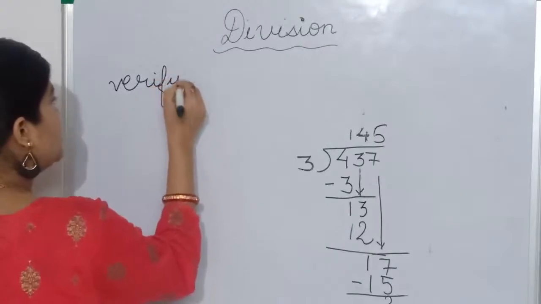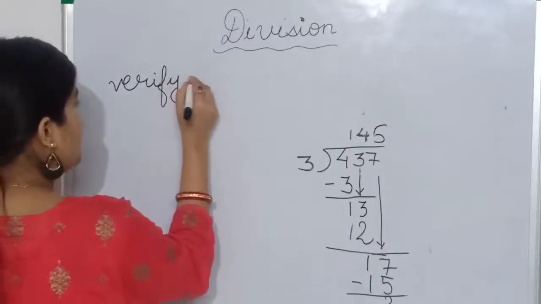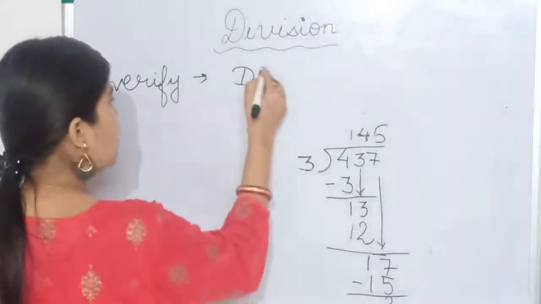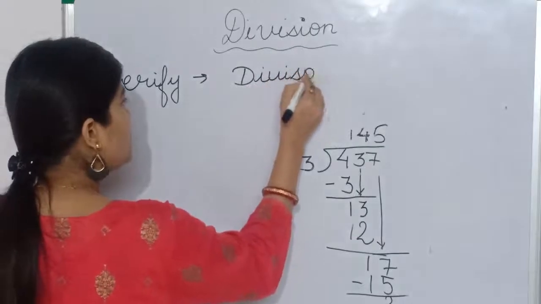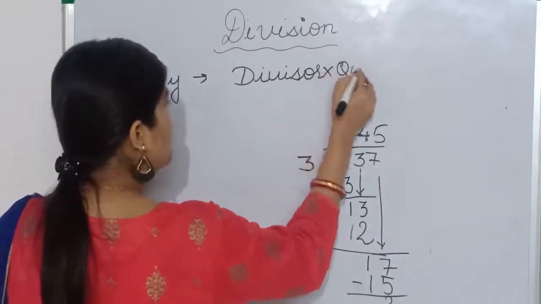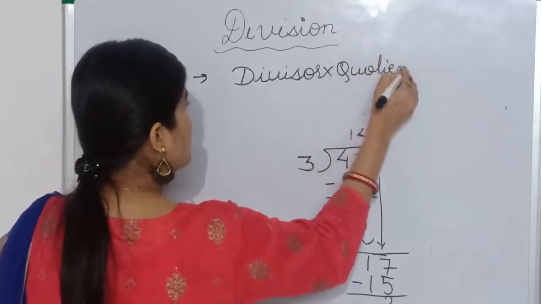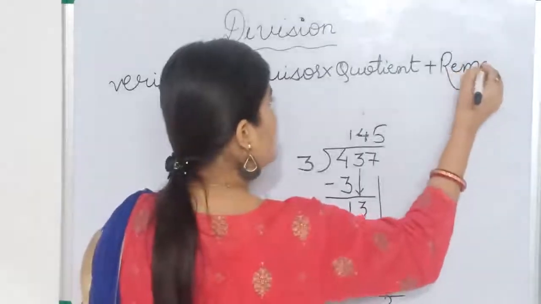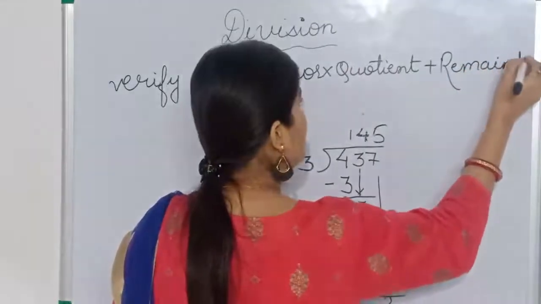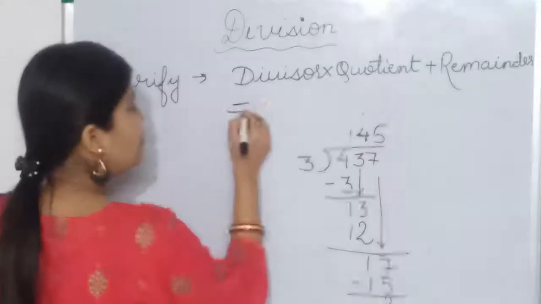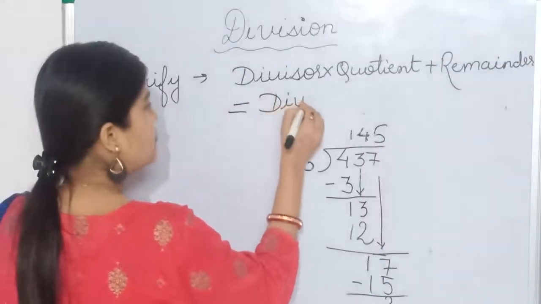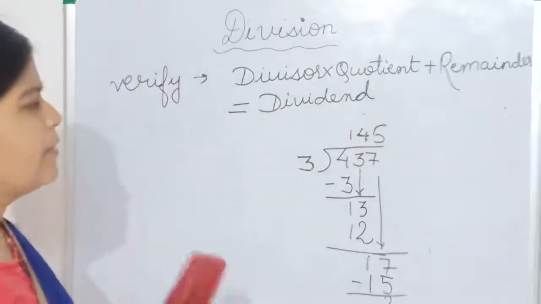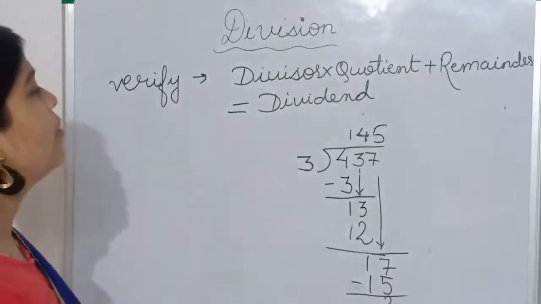To verify, we use the formula: divisor into quotient plus remainder will be equal to dividend. Like that we can verify our answer, whether we have made a mistake or not.